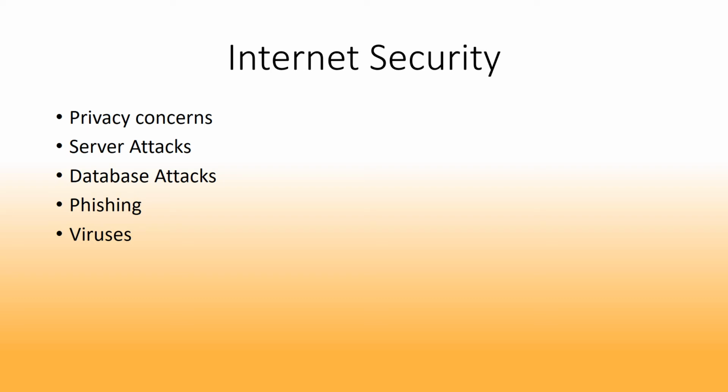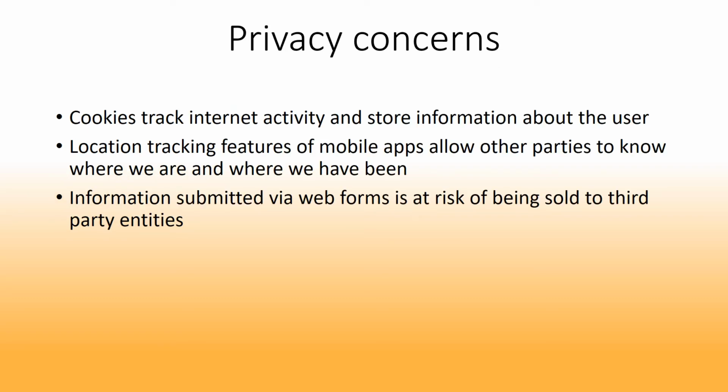And some of the concerns come largely because we have our mobile devices with us all the time. So cookies track internet activity and store information about the user. With cookies, a website can look at what other websites you've been to and store information about you for use by that website.